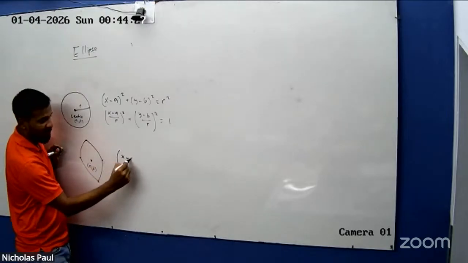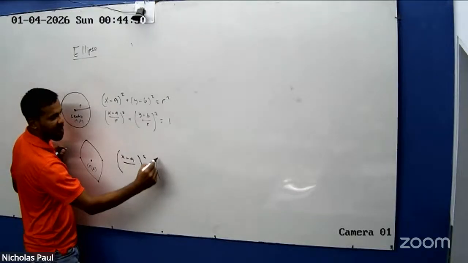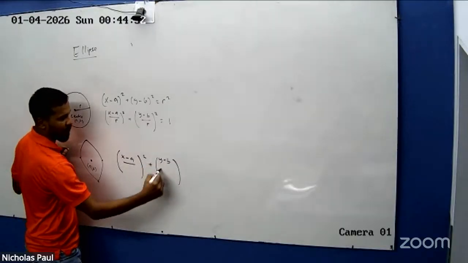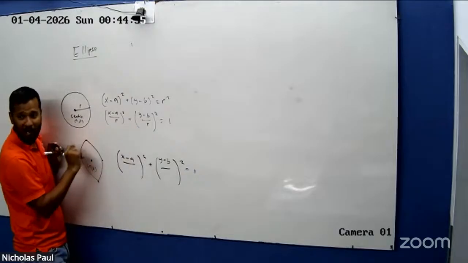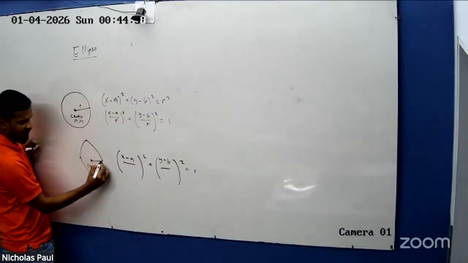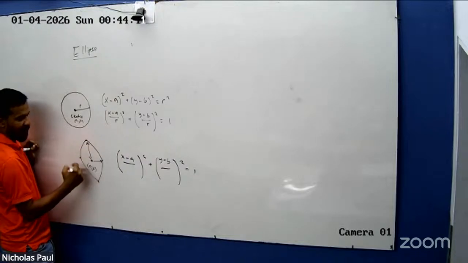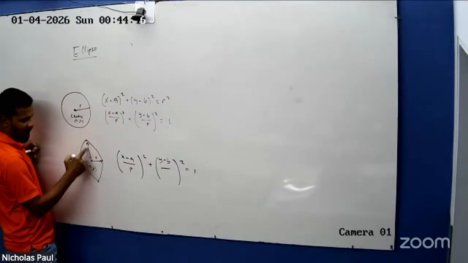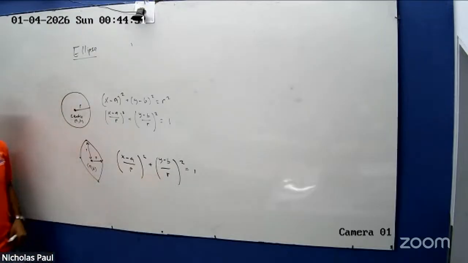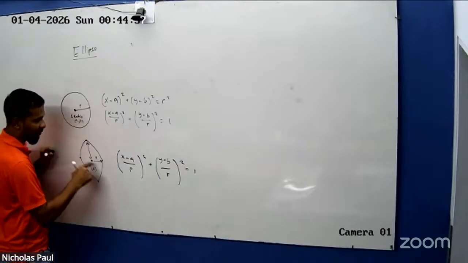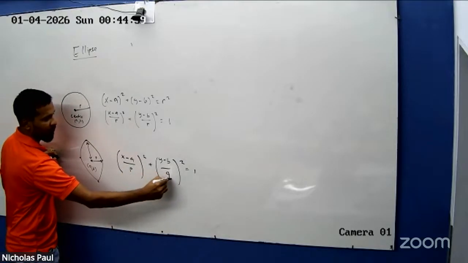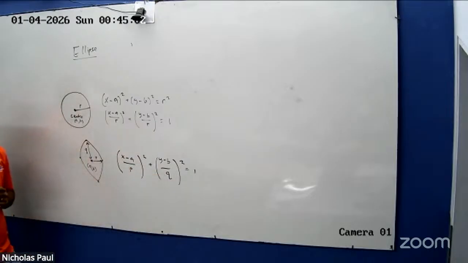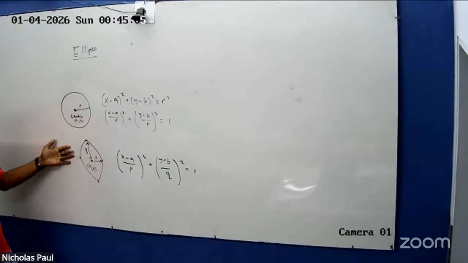So the equation might still look the same, except you don't have r underneath. You have this distance and this distance here. So the distance for the x, let me call that p, and the distance for the y, let's call that q. That's what the equation of an ellipse will look like. That's the concept of an ellipse.